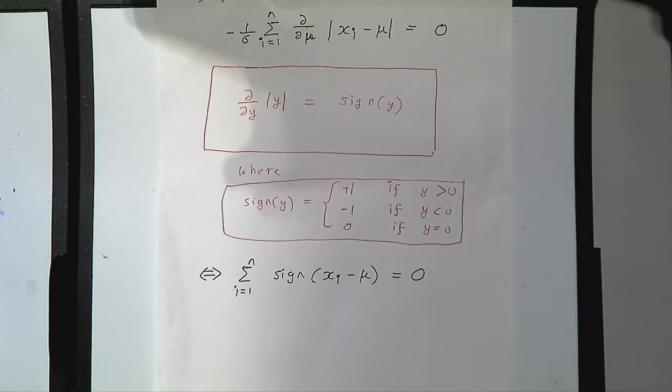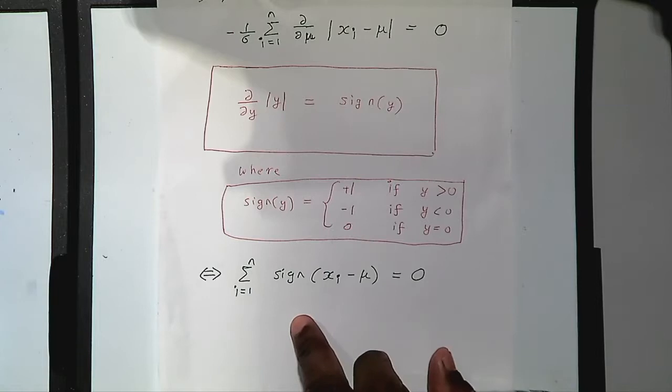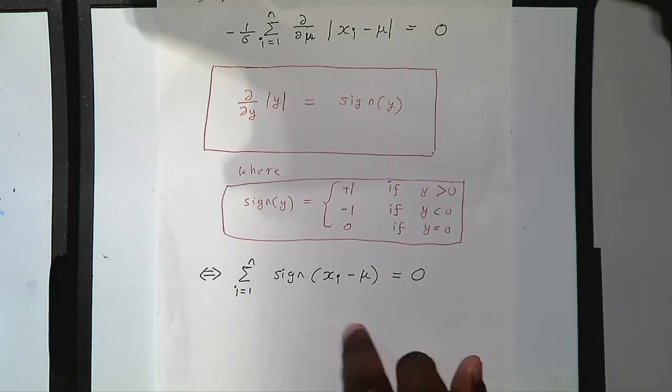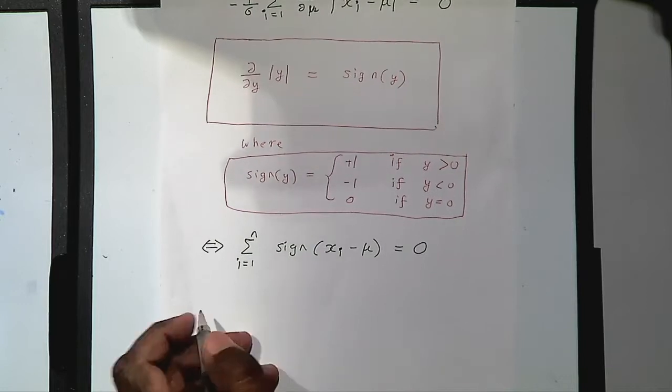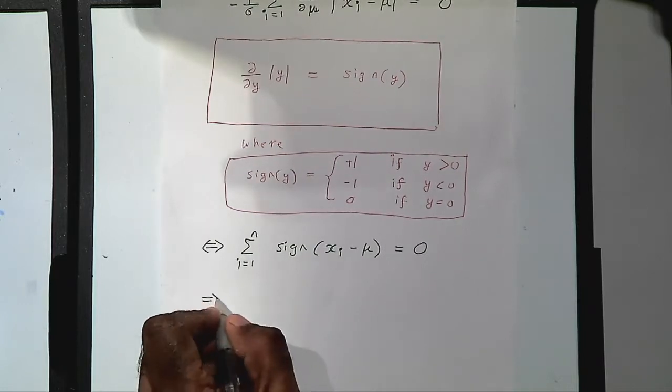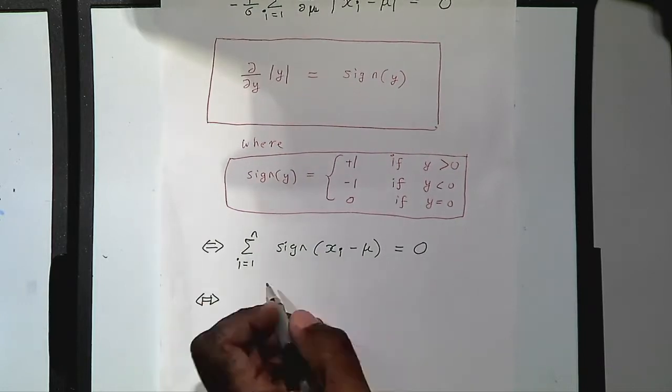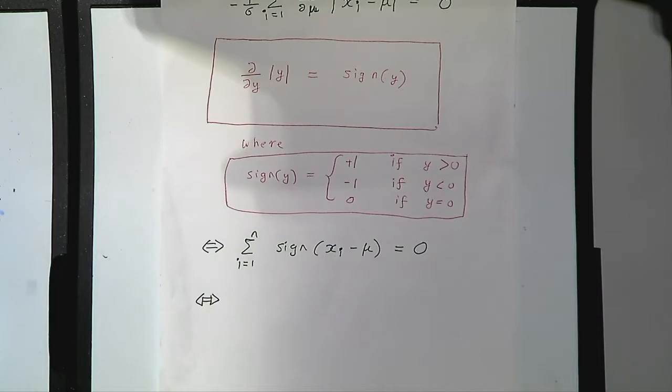Now, I know this is too much. Maybe I'm not supposed to ask you this, because the solution for this equation is, it can be proved that, you're not expected to know this. The solution for this equation is the following.